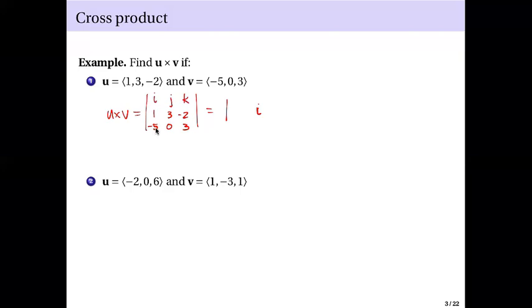So you will have 3, negative 2, and then 0, positive 3. And then for the j, you have negative 1 raised to 1 plus 2, so let's just put minus, and then the determinant of something, and then you have your vector j here.